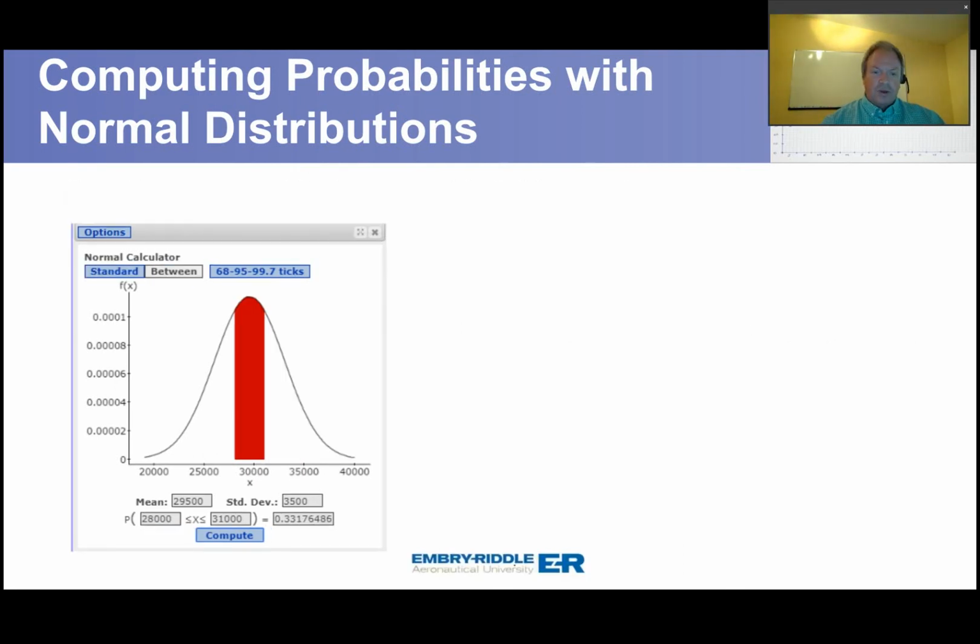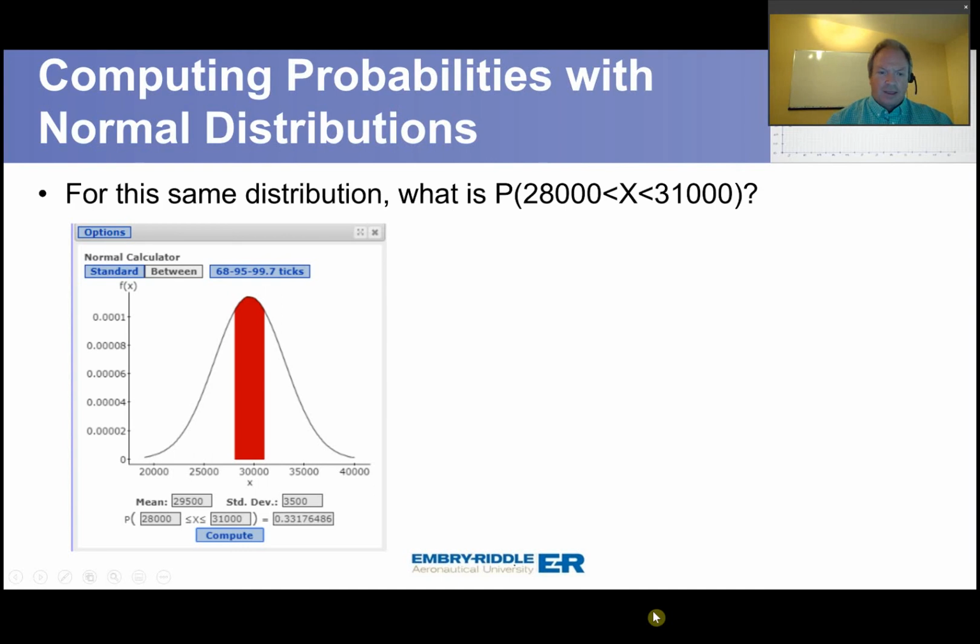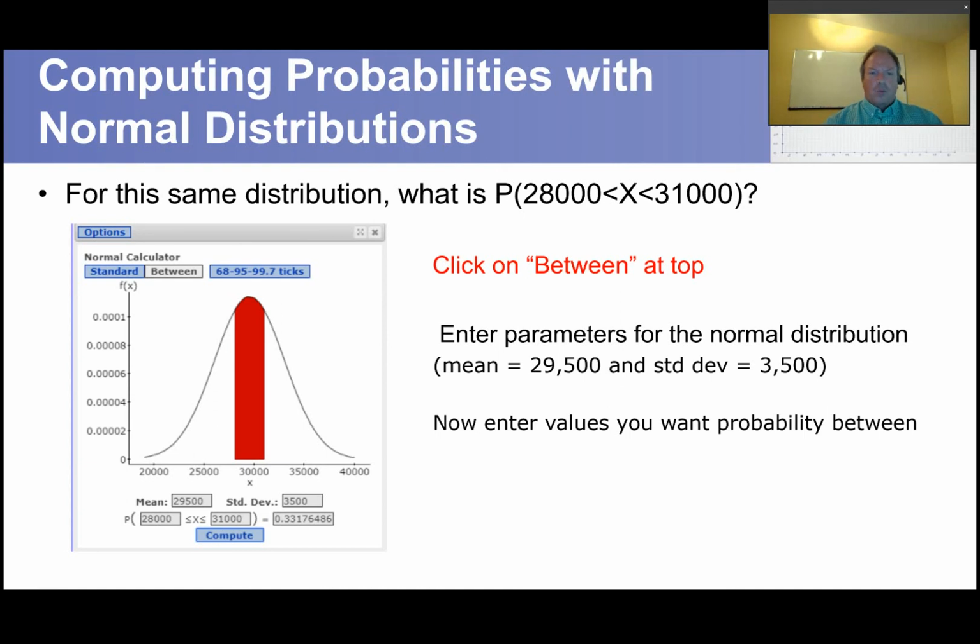So what if I want to know what is the probability that I get a value between 28,000 and 31,000? What I'm going to do here is click on that between tab. And then we're going to enter our parameters like normal, which we've already done. And then we're just going to put in the two values that we want to find the probability that we're between those two values.